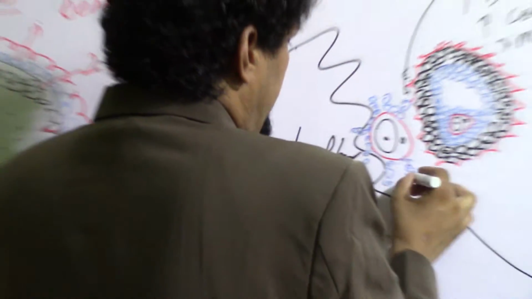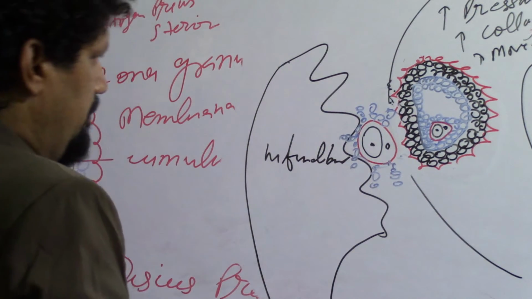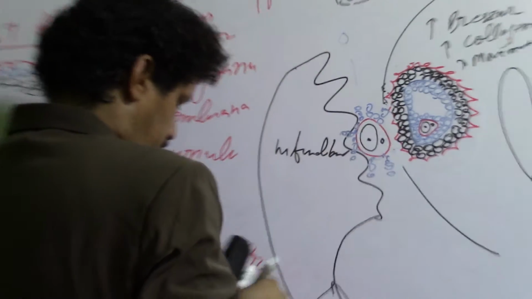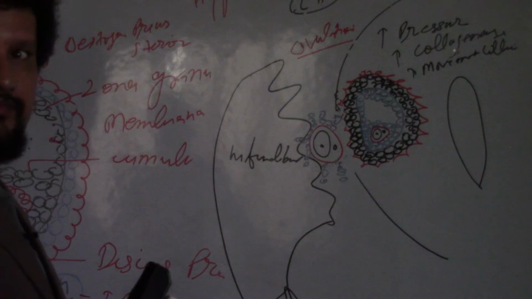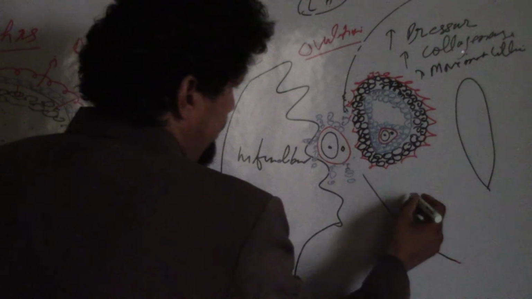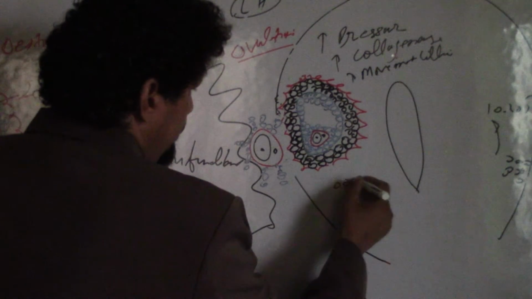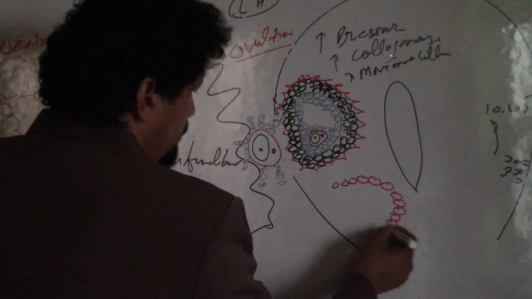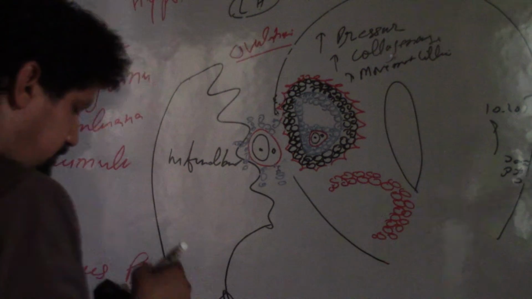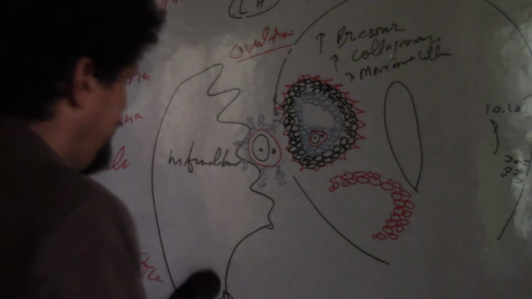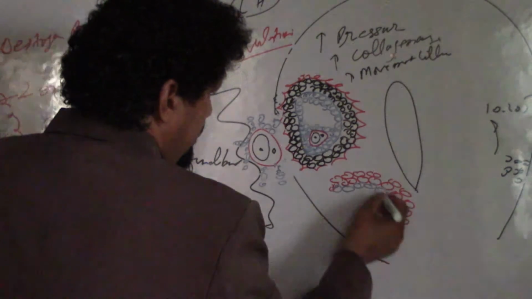So release of the secondary oocyte from the ovary is known as ovulation, and the remaining part of the Graafian follicle is now known as the corpus luteum.